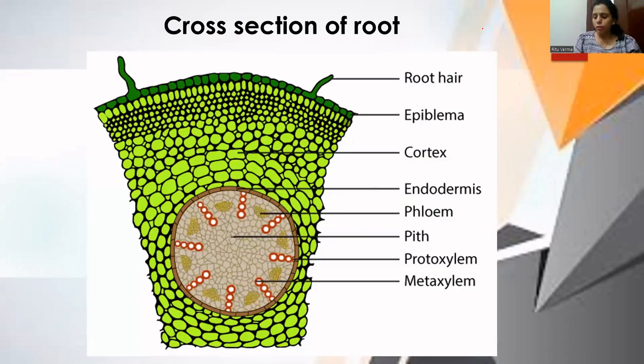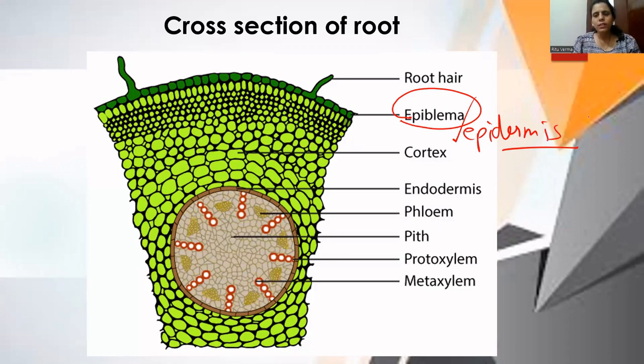Now we know that the outermost layer of the root is known as epidermis. Another name for this layer is epiblema. So epidermis or epiblema, they both are the same and they form a kind of protective covering on the external surface of all the organs of the plant.